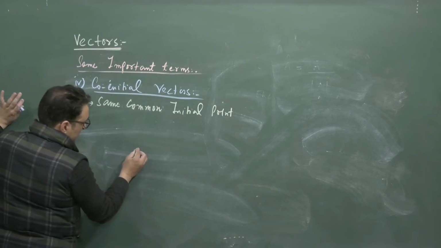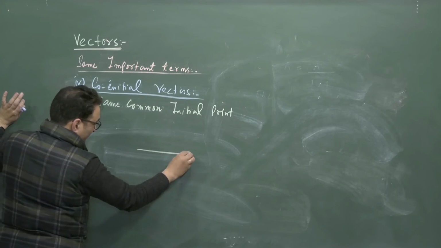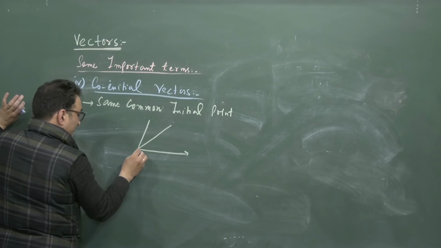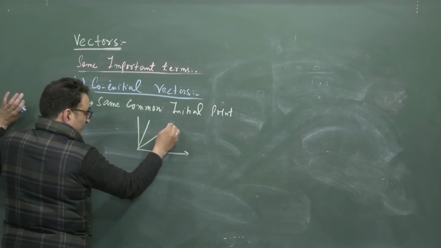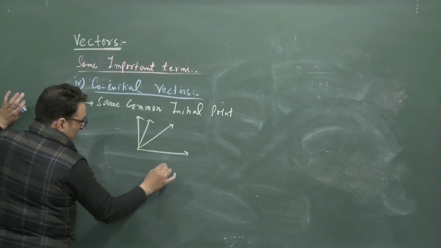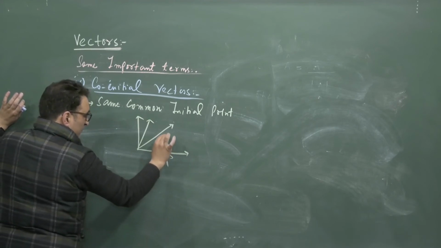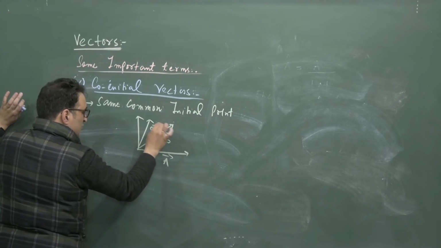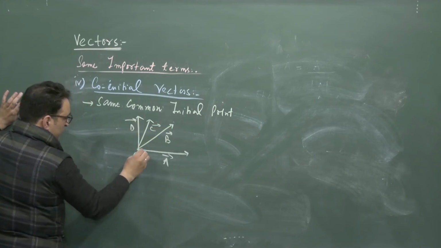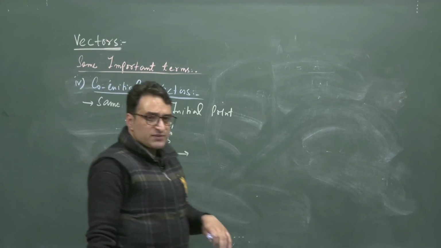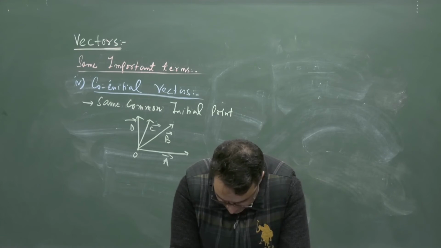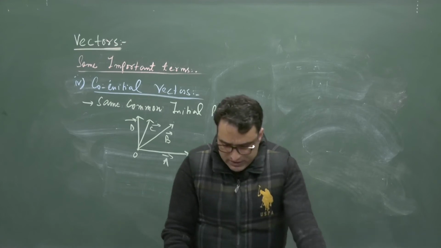And we can draw the diagram as: this is vector A, vector B, C, and D. All the vectors have the same common initial point, that is O. Therefore, we call these vectors co-initial vectors. Vectors are said to be co-initial if they have the same common initial point.